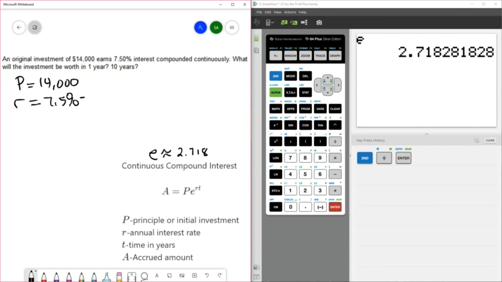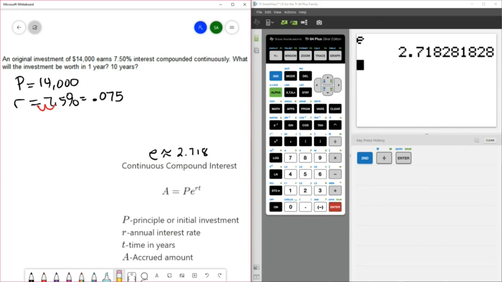We're going to convert it to its decimal form. And you convert it to decimal form by moving the decimal point 2 places. Percent stands for per 100, and 2 decimal places are hundreds. So 0.075 is the value we'll use in the formula.